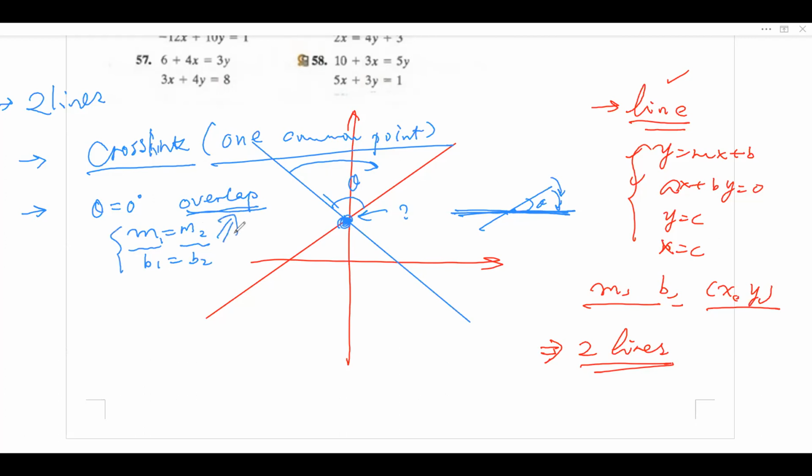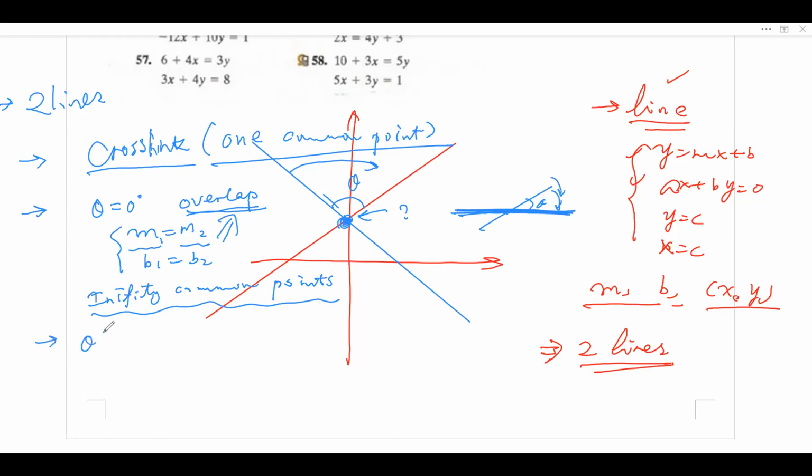They are called overlapping. Since they overlap each other, they have infinitely many common points. Every point is a common point. Okay, so this is one situation.